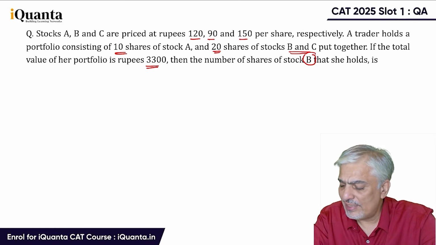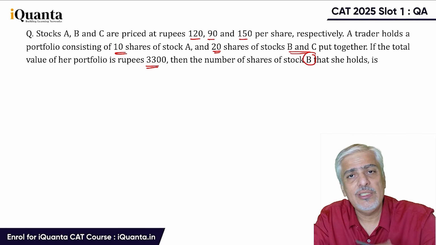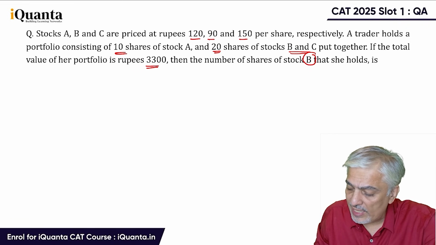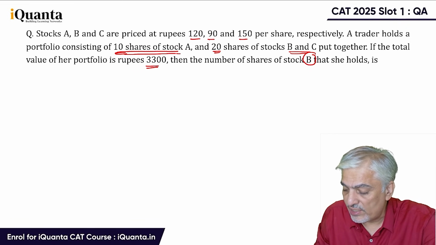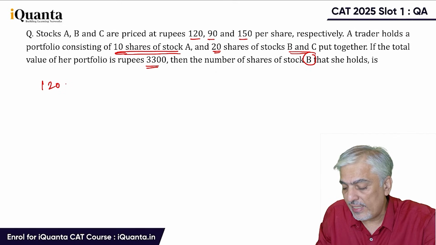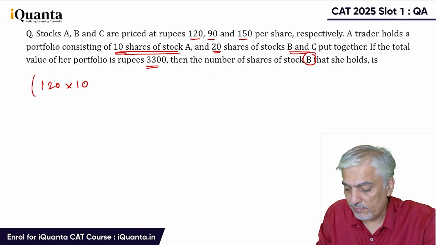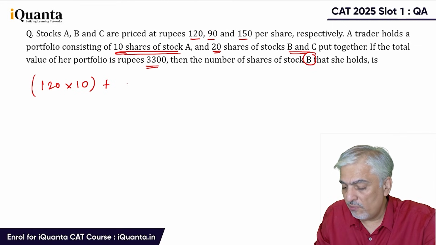We have the prices 120. You can take 2 variables, you can take 1 variable, there's no problem. We know for company A, there are exactly 10 shares. So 120 rupees into 10. That is definitely company A. For company B, which I want to find, I'll take the variable.